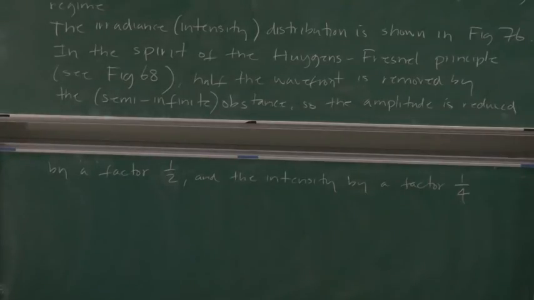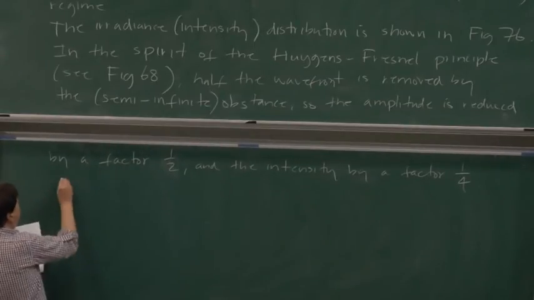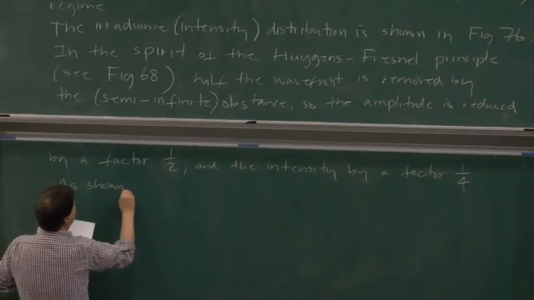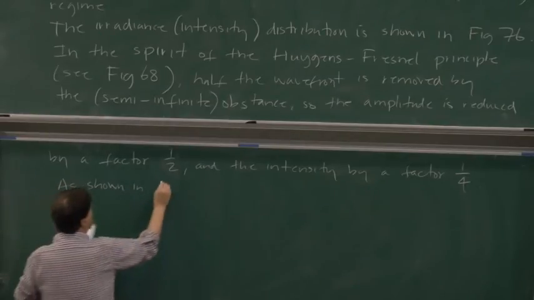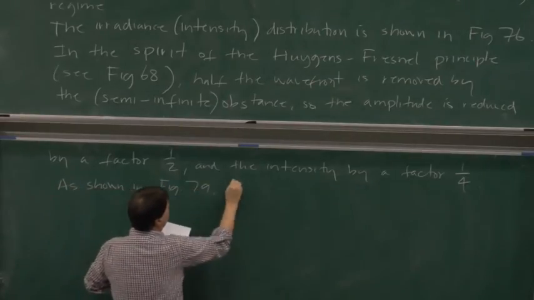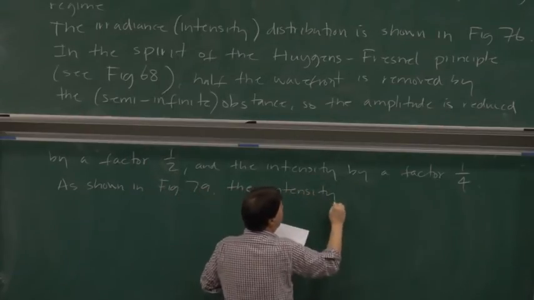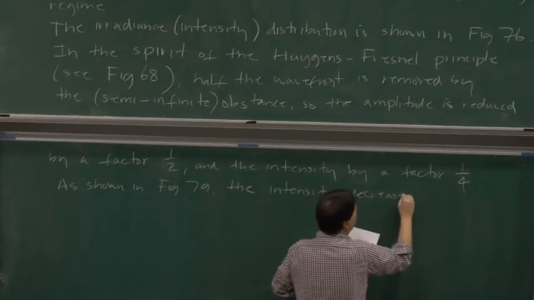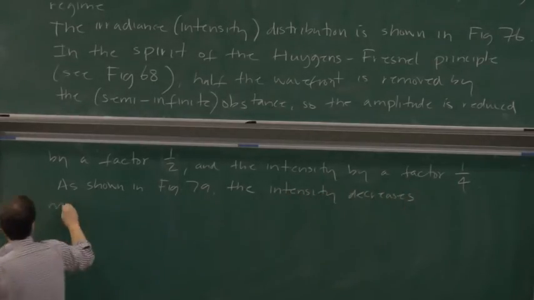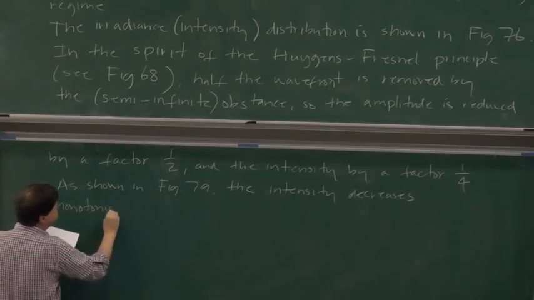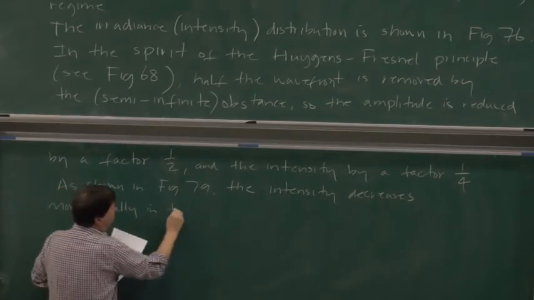these patterns for edge diffraction, again, I scribbled a lot over the main figure, so I'll put this one up here at the moment. As shown in Fig 79, the intensity decreases monotonically in the dark region.